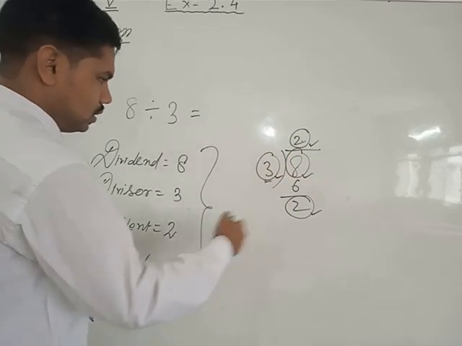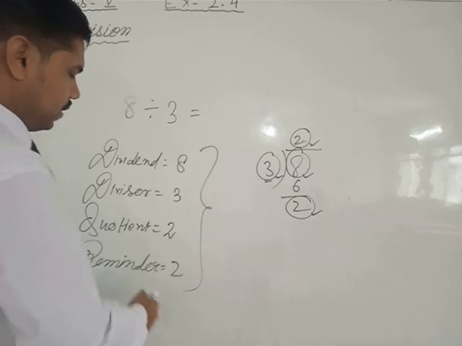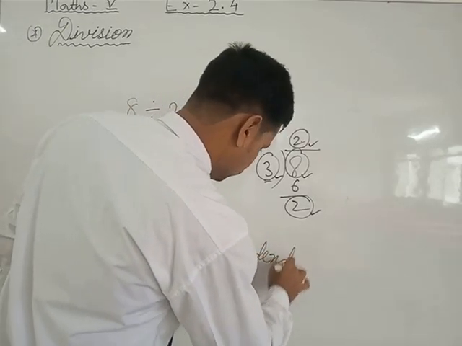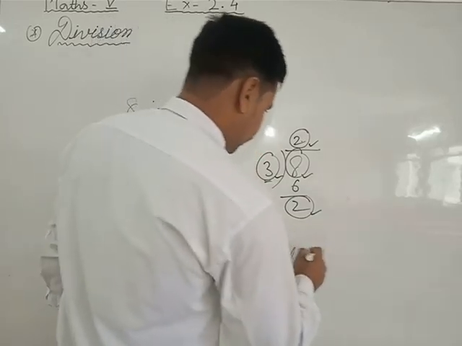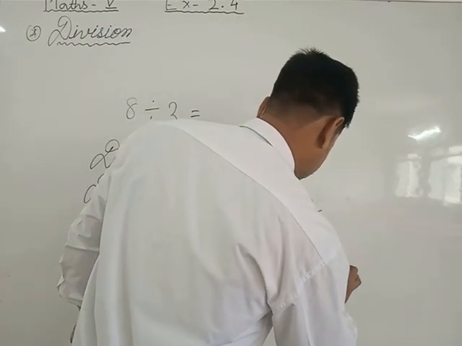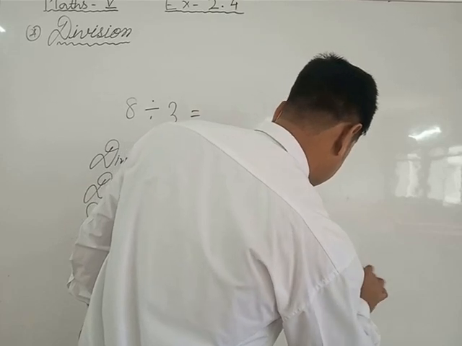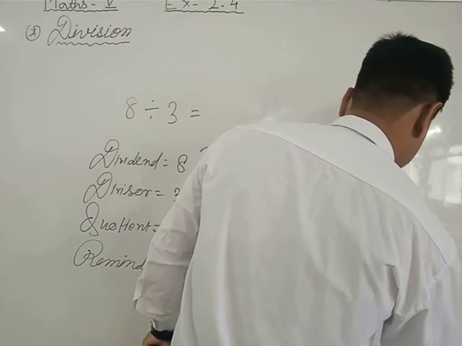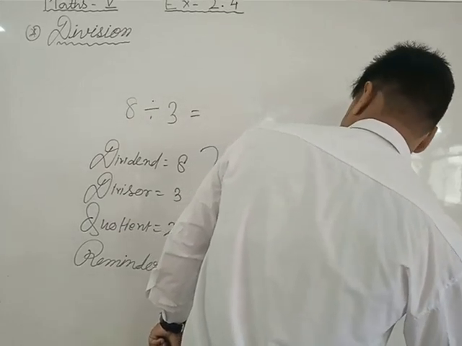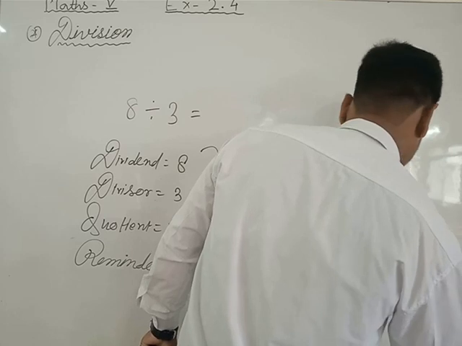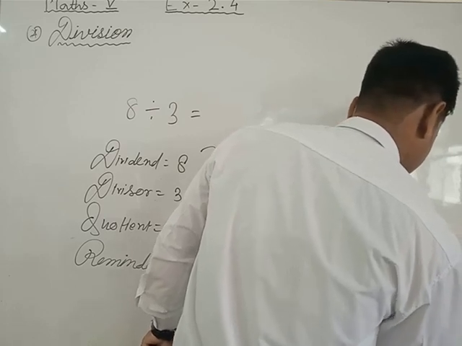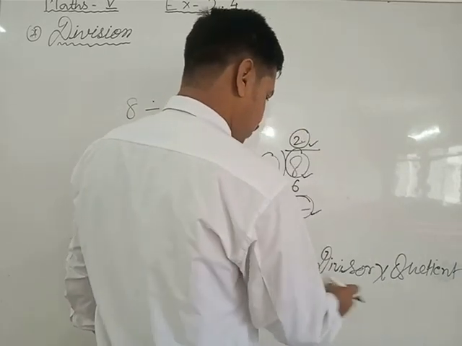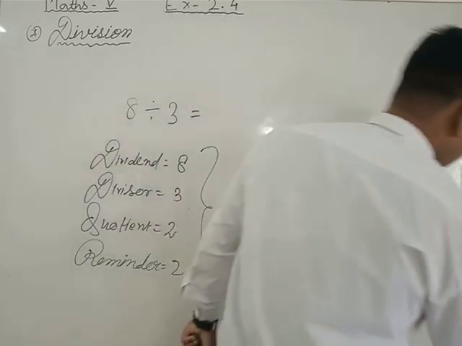So the relation becomes: dividend is equal to divisor multiplied by quotient plus remainder.